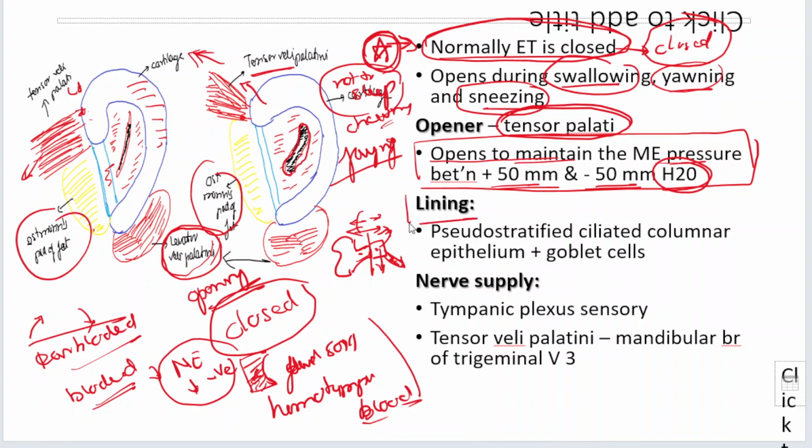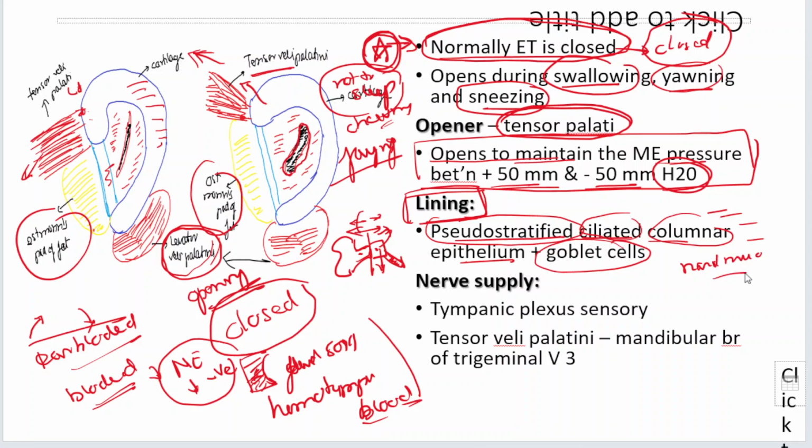What is the lining of the eustachian tube? It is lined by pseudostratified ciliated columnar epithelium. The nose, the nasopharynx, the pharynx, and even the bronchi are all lined by pseudostratified ciliated columnar epithelium, and goblet cells are also present. If you see through an endoscope, you will see that the nasal mucosa is always wet.